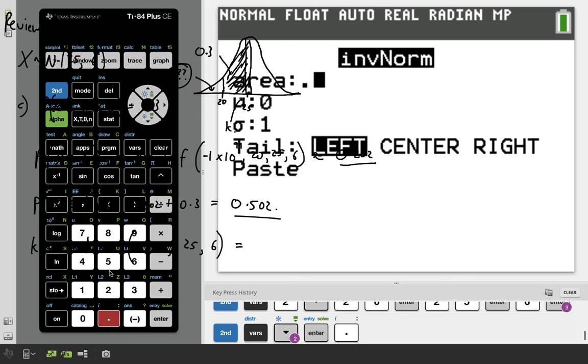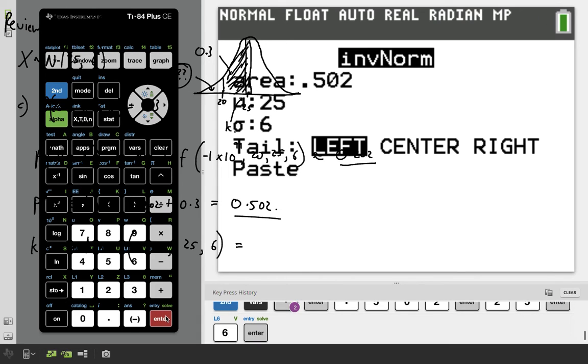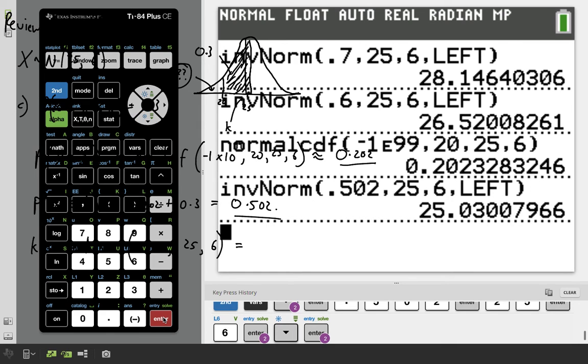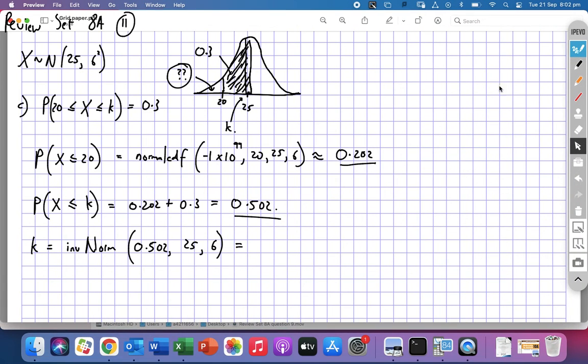Our good friend Norm is back again. 25, 6. I'm always working from the left in these questions in case you've got an older calculator. And we get 25.03, it's pretty close to 25. So if it was 3 sig figs, I could just leave it as 25, but I'll write 25.03. Okay.